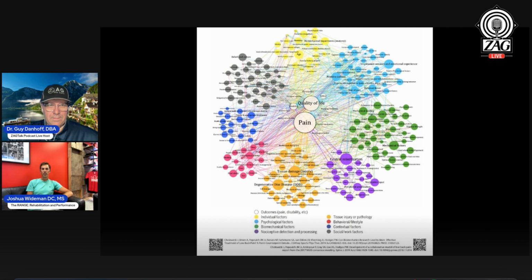So if we're now going to break this down, some people might have a bigger green zone, some people might have a bigger purple zone, and then within the purple zone, a couple of those factors might really stand out, whereas some of those in the red or the other colors might be less. So it just goes to show how many different things are contributing to the pain experience.